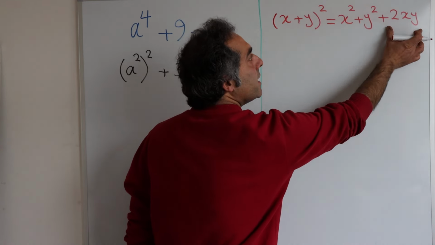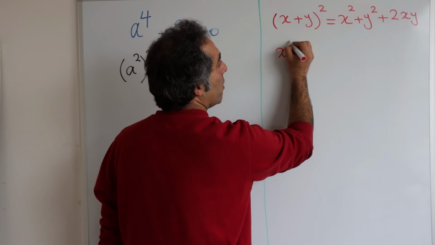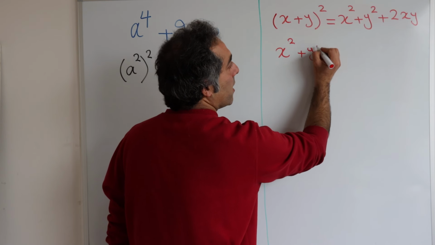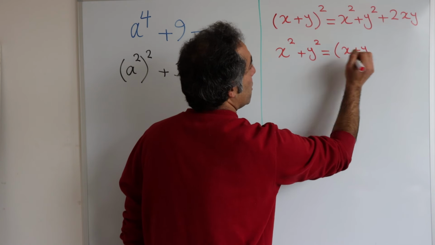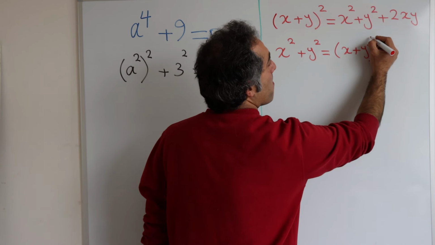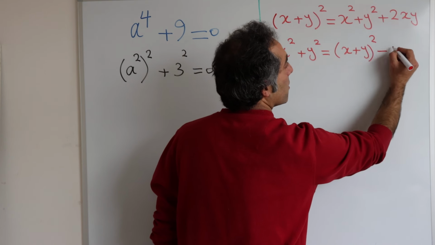By taking this 2xy to the other side, you can find out x squared plus y squared is (x + y) squared, I just exchanged the sides, doesn't matter, minus 2xy, because taking it to the other side.